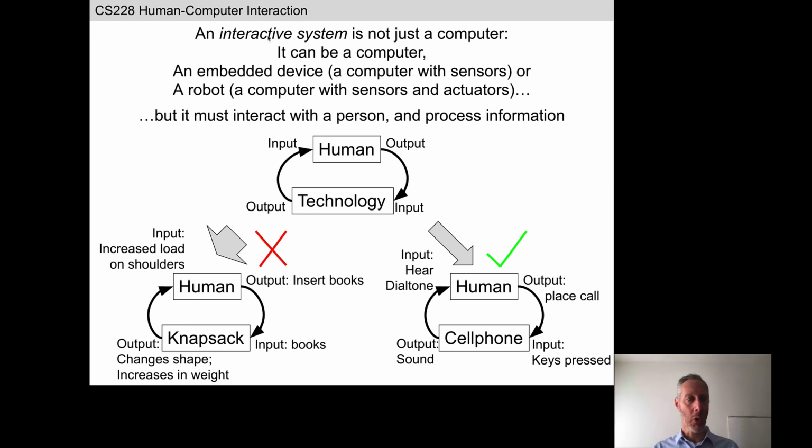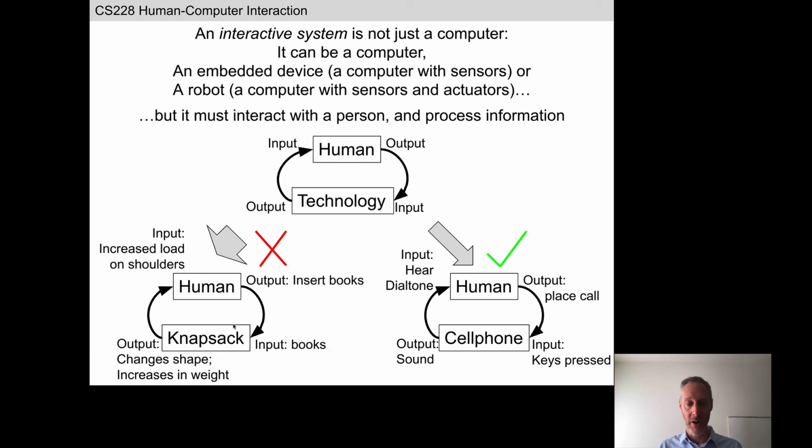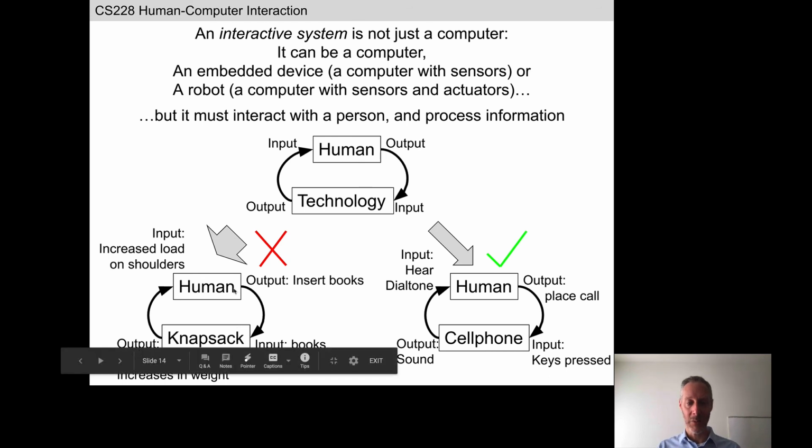Okay. In order to qualify as an interactive system, obviously it must interact with a person, and it must be able to internally process information in some way. So we want to make sure that this admittedly broad term, interactive system, is not too broad. A knapsack, assuming you're wearing it, also maintains a continuous interactive loop with the human wearer. The human does something with their muscles.